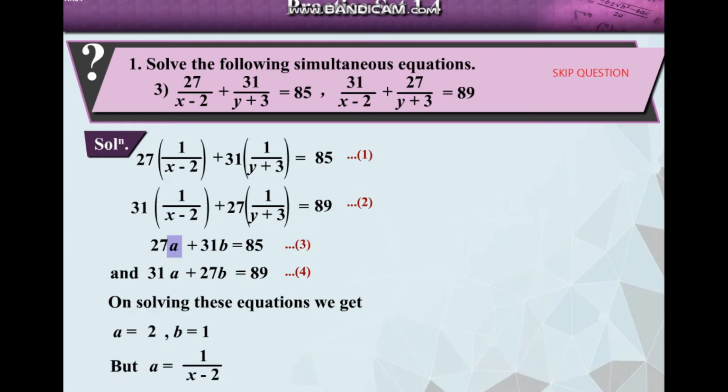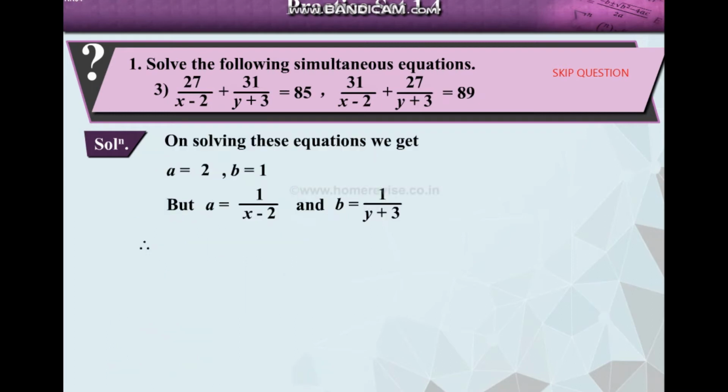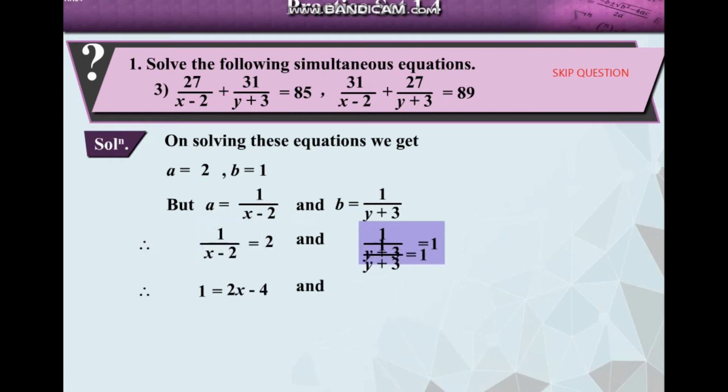But a is equal to 1 upon x minus 2 and b is equal to 1 upon y plus 3. Therefore, 1 upon x minus 2 is equal to 2 and 1 upon y plus 3 is equal to 1. Therefore, 1 is equal to 2x minus 4 and y plus 3 is equal to 1.